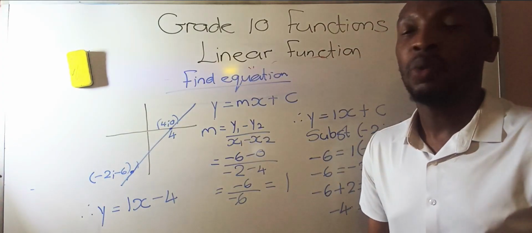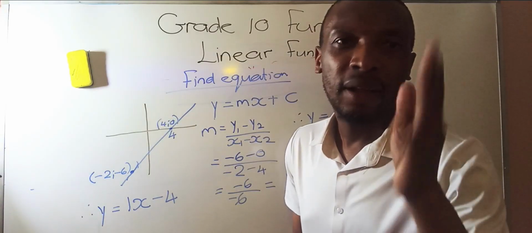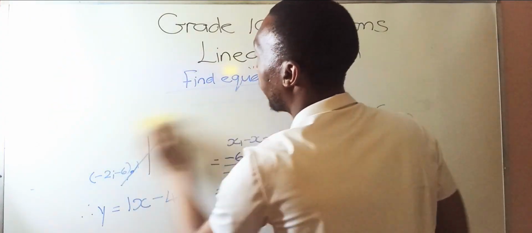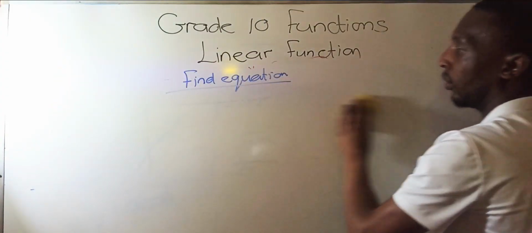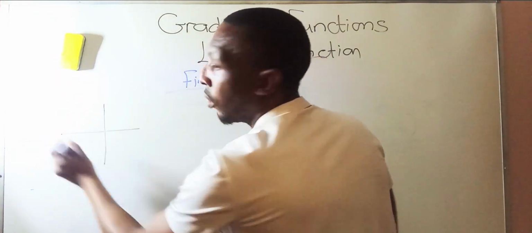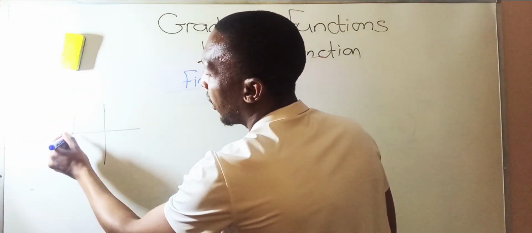Okay, so we're almost done now with this. Let's just do a vertical graph and a horizontal graph. Again, let's say find the equation. Let's do that one there. Let's make this the vertical one.